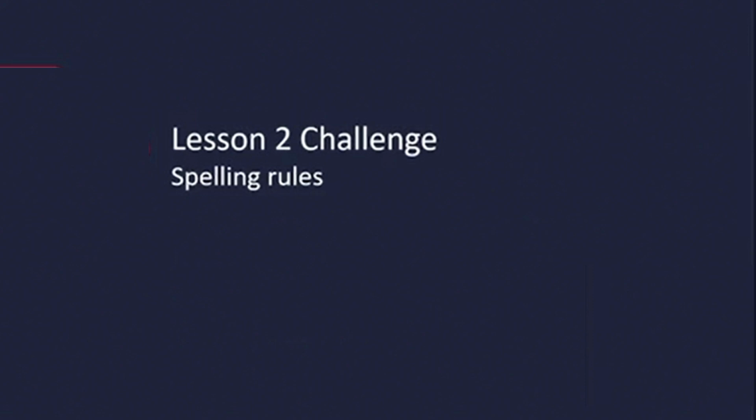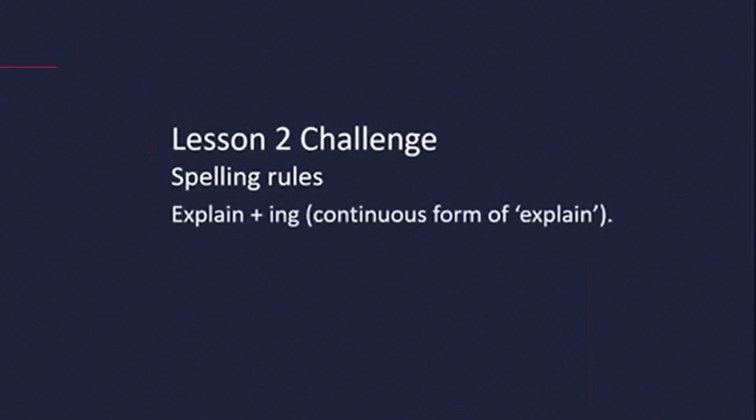The second word to which you had to add a suffix was explain. You had to add the suffix ing to turn the word into the continuous form. If you're not sure what that means, don't worry, we'll learn about tenses later in this module. Did you spell explaining like this?